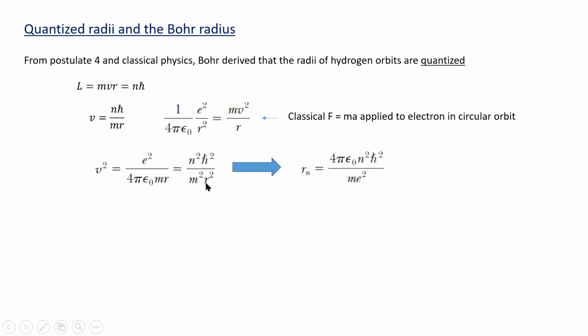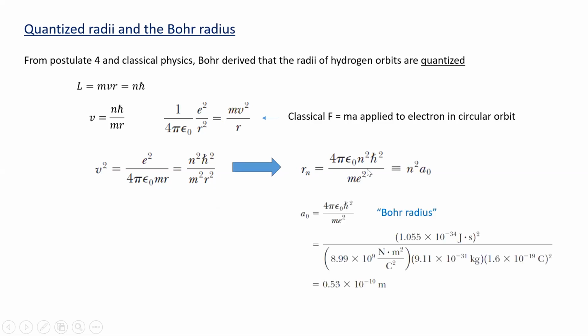And so from there, solving for the radius, we find that it depends on n and these other constants as n squared. So the radius of the nth classical orbit goes up as n squared. What multiplies n squared in this expression, we call the Bohr radius.